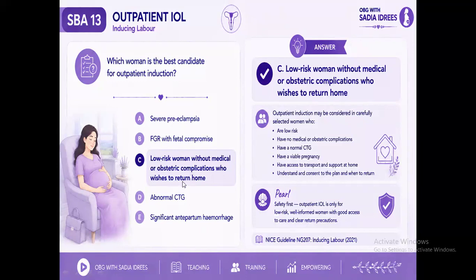Let's understand the principle. Outpatient induction is not 'we don't have a bed, so go home.' Absolutely not. It's a planned pathway for appropriately selected women. NICE says outpatient induction may be considered with vaginal dinoprostone preparations or a mechanical method in women who wish to return home and who have no existing medical or obstetric complication.